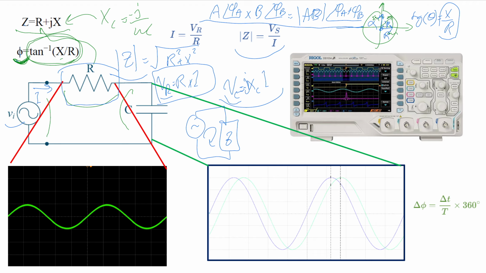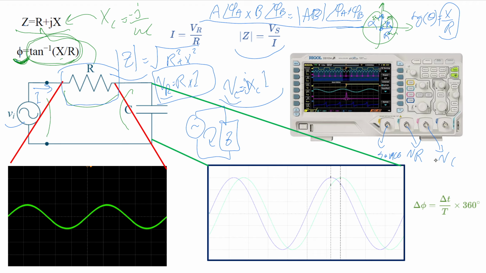Now let's talk about how we can use the oscilloscope to actually measure those. When you have your oscilloscope, you are going to connect one channel to the source, one channel across the resistor, and another one across the capacitor.